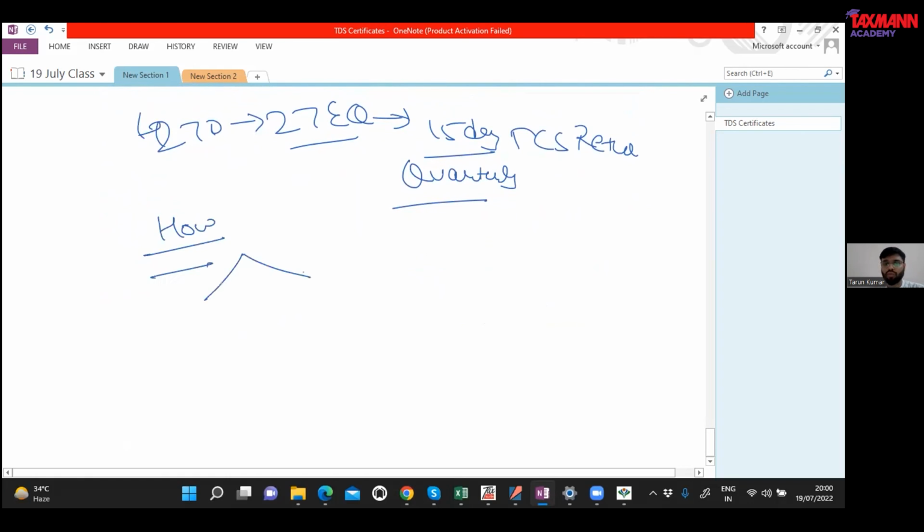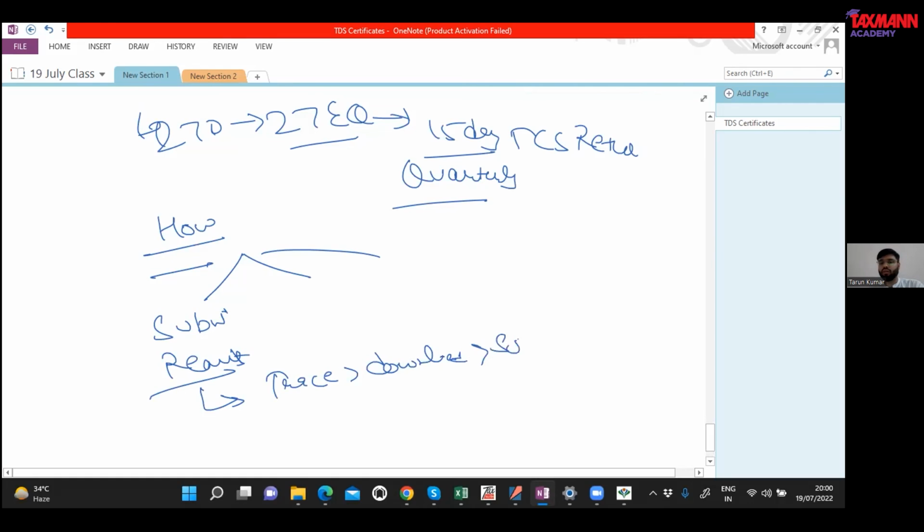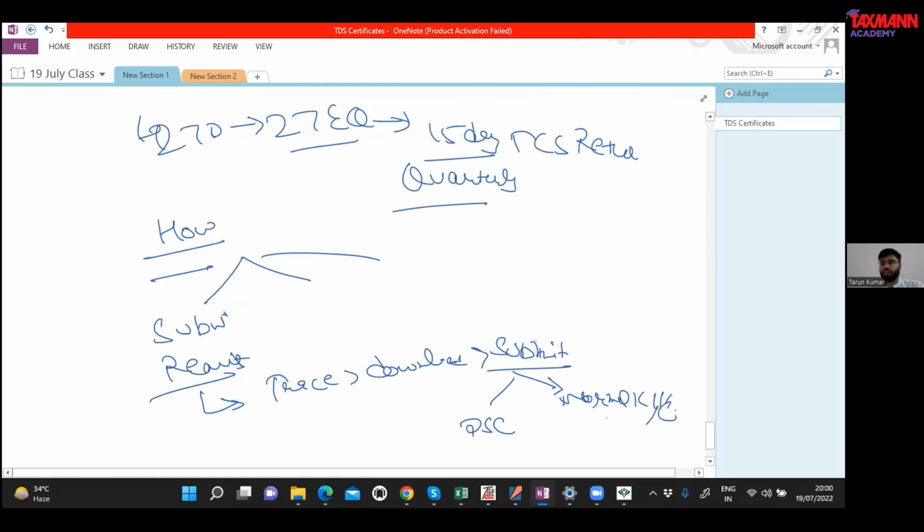There was a 3-step process. First was to submit a request. To submit the request, you go to the Traces portal, then the download section, then submit the request. The request was submitted either through digital signature or normal KYC.